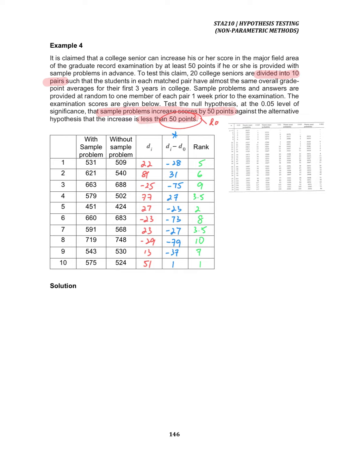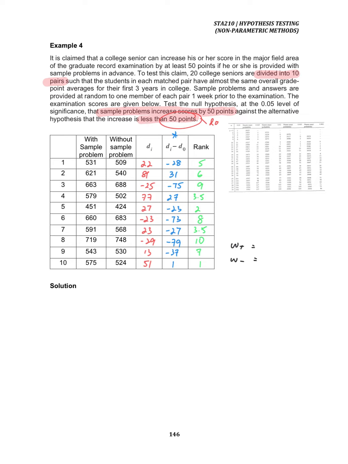Okay, so next step, what we should do is calculate the W plus and W minus. W plus here is the sum of the ranking for the positive difference, and W minus is the sum of the ranking for the negative difference.